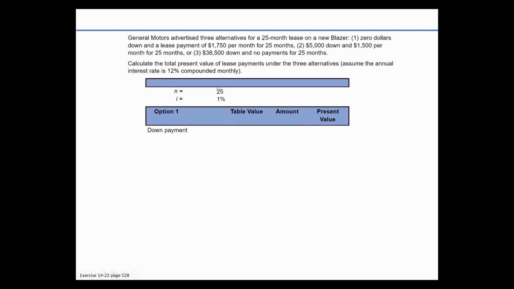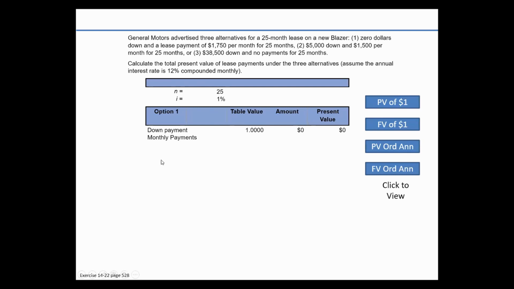So again, the number of payments is 25 because it's a 25-month lease, and it's a 12% annual rate, so it'd be 1% for each month. We can look at option 1, which is $0 down and a lease payment of $1,750 per month for 25 months. The down payment would be 1.0 because it's zero present value.